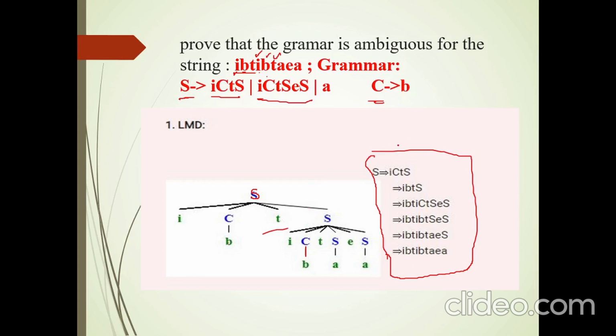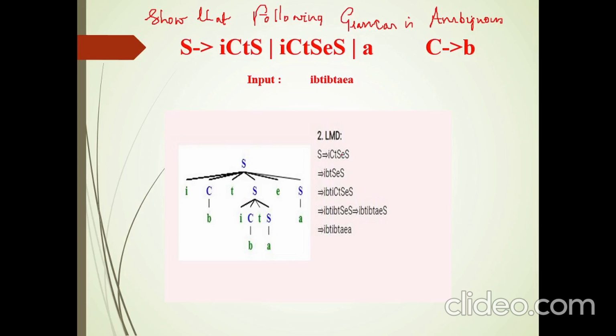I have one more. Let me show that. This is another way of LMD, and based on this LMD, I have constructed a parse tree. Let me explain this parse tree. In the previous case, to show the first LMD, I used one portion first, but now I am going to use this portion.